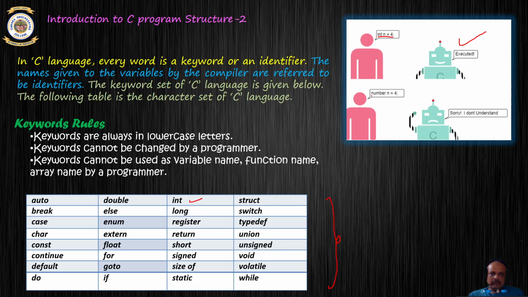At the same time, if the programmer writes number n = 4, it might be understandable for the human or the programmer, but the compiler fails to understand this, as number is not a keyword. So understanding of keywords becomes a major parameter in communicating with the compiler.